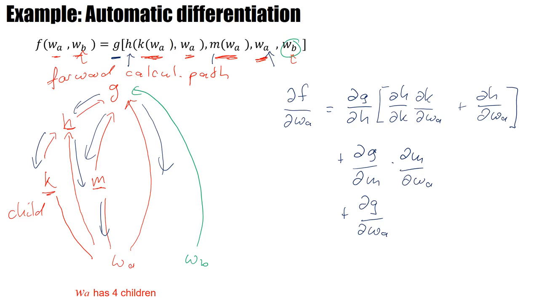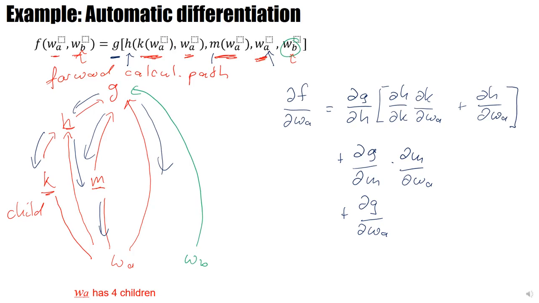And while you use an algorithmic version, you have just to keep track that whatever you did in the forward path, you do also do correctly in the backward path, including the summations. Note that WA has 4 children, 1, 2, 3, 4, and these correspond to 4 terms within the summation.